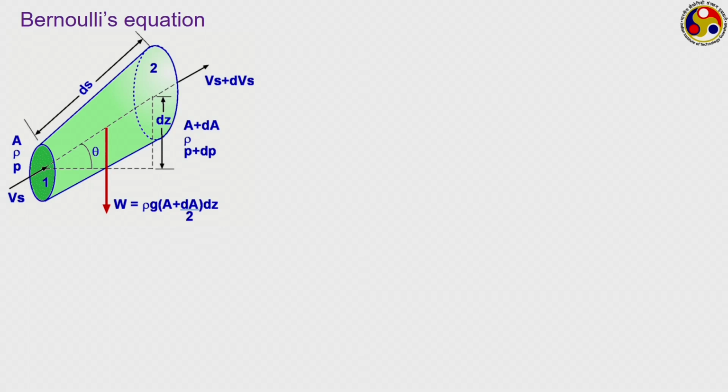Here s is the direction, often called the streamwise direction. The stream tube has area A at one side, the density of the fluid is rho, and the pressure at this particular point is P. On the other end, the area is A plus dA, the pressure is P plus dP, and we are assuming it to be incompressible, so that density remains constant at rho.